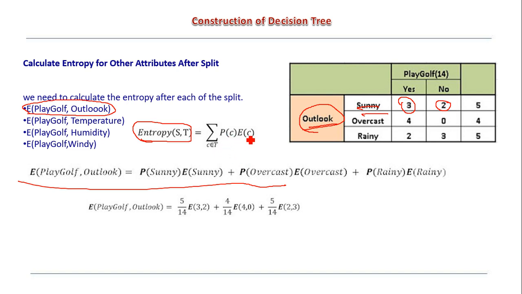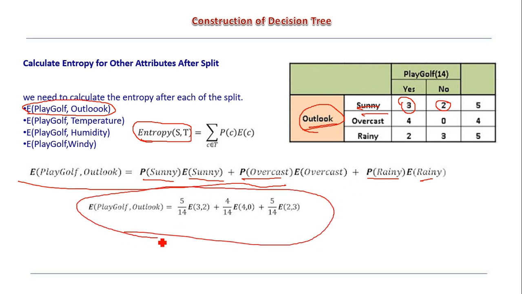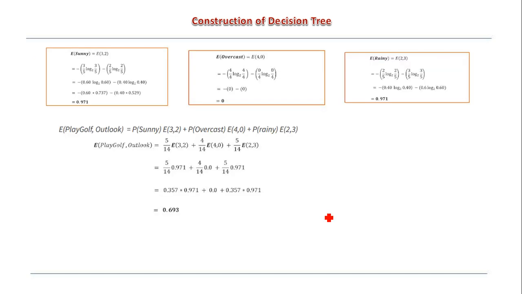So P of C into E of C: the probability of sunny and entropy of this, plus probability of overcast into entropy of overcast, plus probability of rainy into entropy of rainy. So we need to calculate the play golf outlook entropy value.